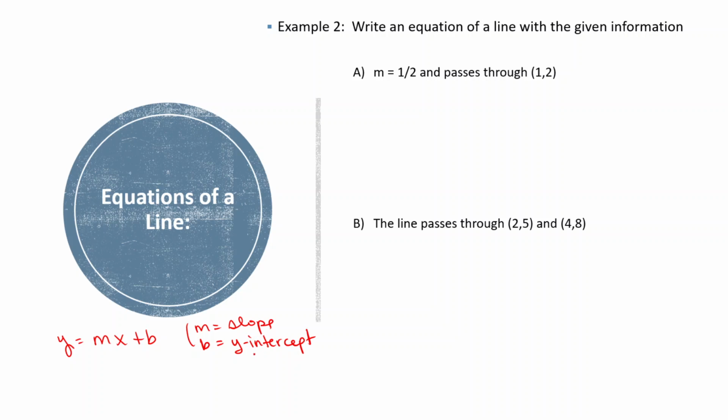In other words, that is the point (0, y). Okay? Another way to write the line is in point-slope form. Okay? And then finally, we could write it in standard form.